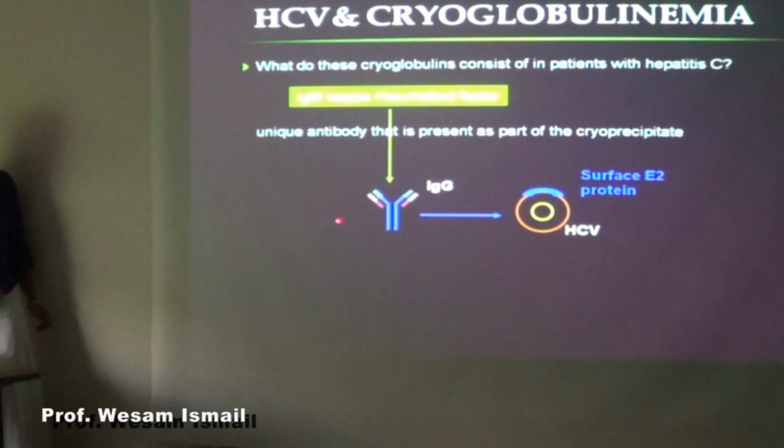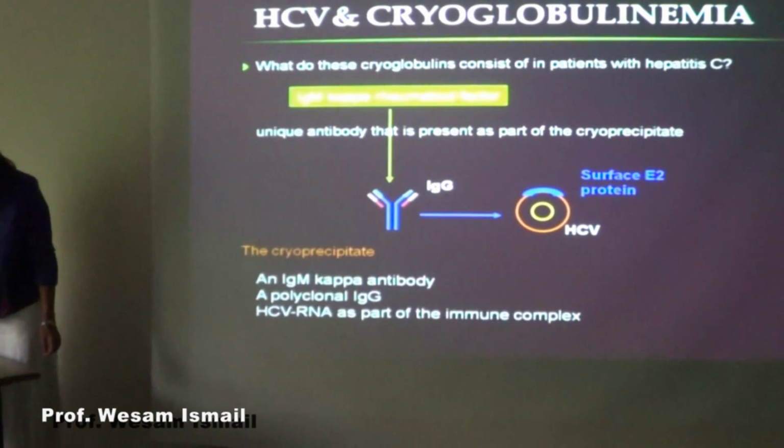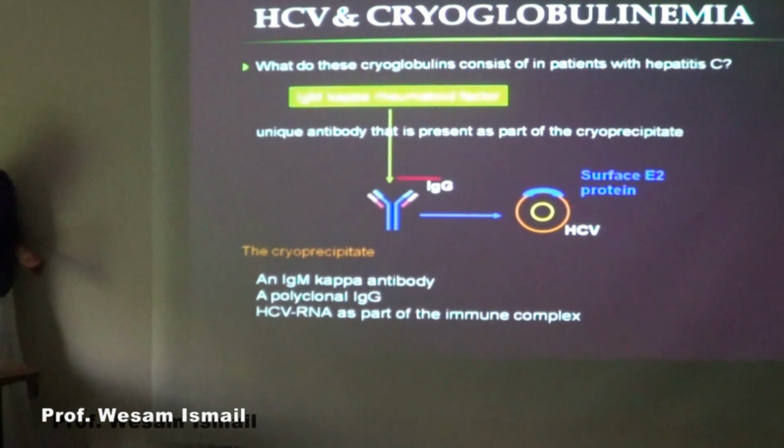This is attacked by polyclonal IgG antibodies, and this generates this unique antibody which is going to attack it, and this is what forms the cryoprecipitate, or what we call cryoglobulins. So the cryoprecipitate is an IgM kappa antibody, a polyclonal IgG, and hepatitis C virus RNA as part of the immune complex which has been attacked.